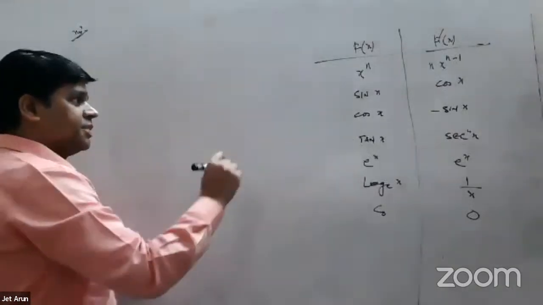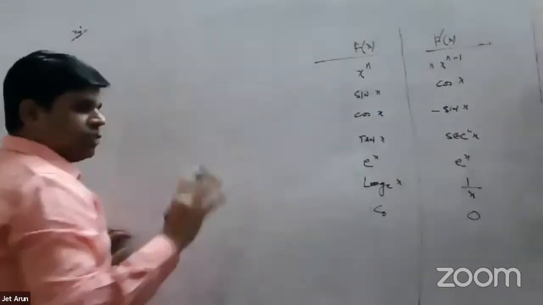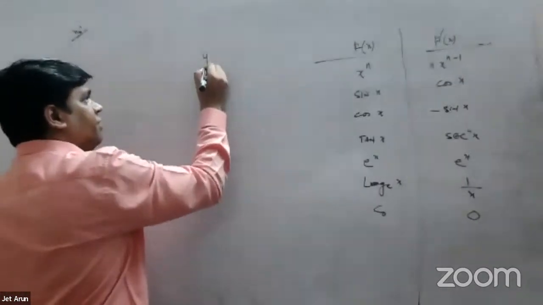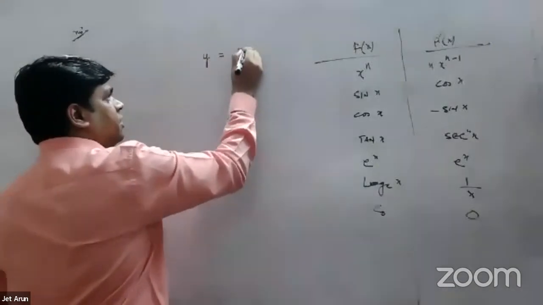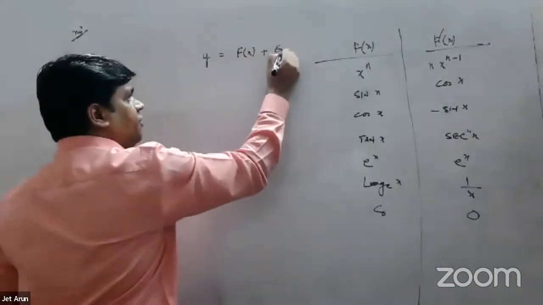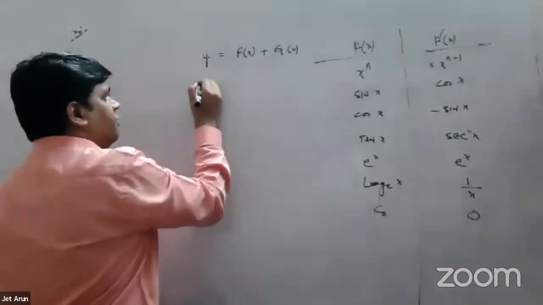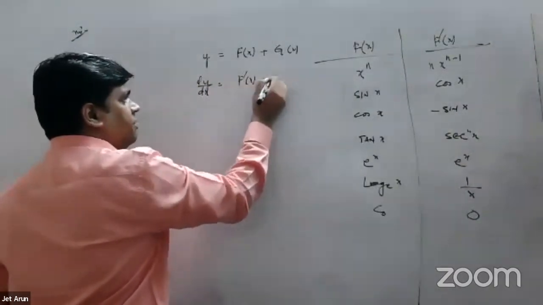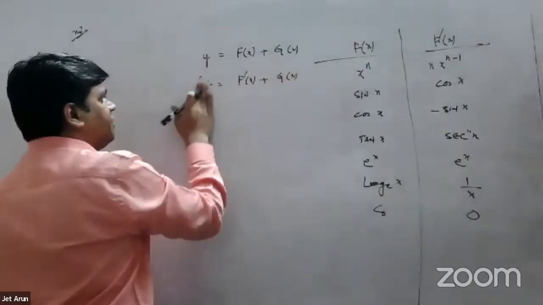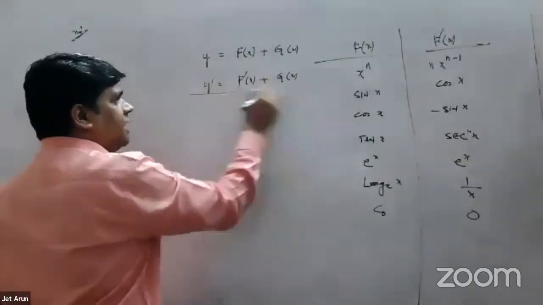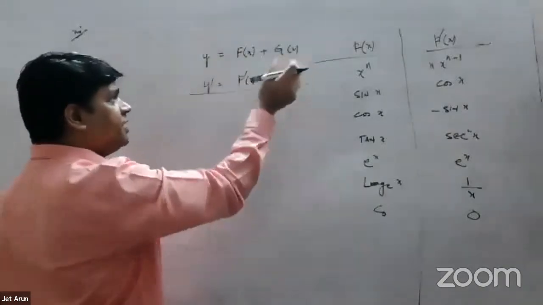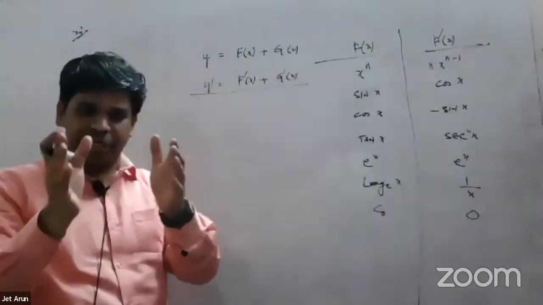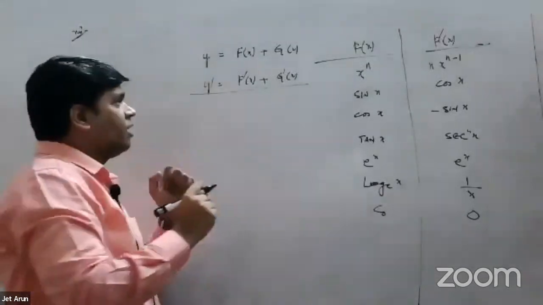All right. Now look at this. There are certain rules of differentiation. One says if I've got a function f of x plus g of x, then the derivative dy dx is f dash x plus g dash x. That means I can separately differentiate. Whenever I have a sum or difference of functions, I can differentiate term by term.